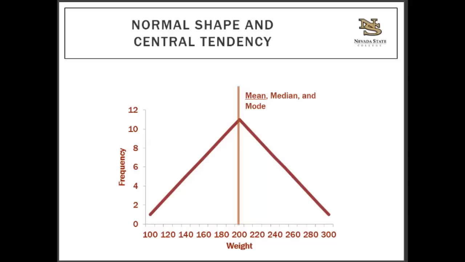You can also predict the location of your measures of central tendency based on the shape of your data set. In this case, you can see that the mean, median, and mode are all approximately in the same place. So in addition to plotting out your data to figure out what the shape is, if you calculate your mean, median, and mode, and they're relatively close to one another, you know that you have a shape that's roughly a normal distribution.